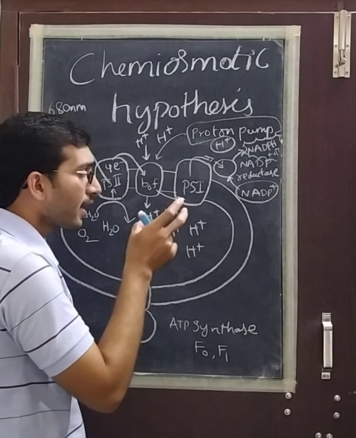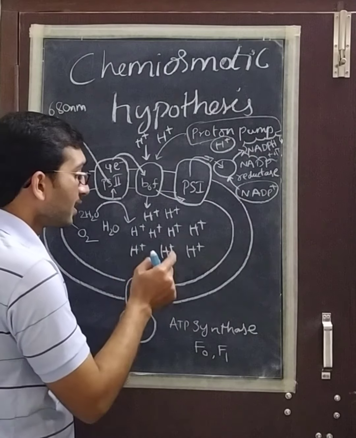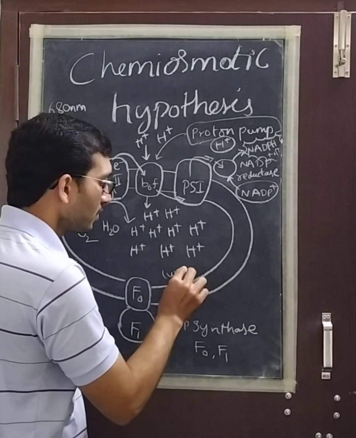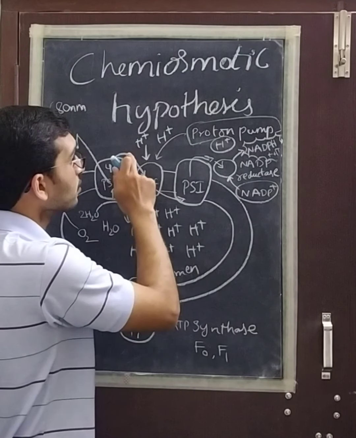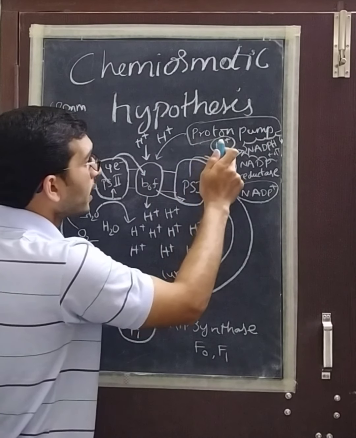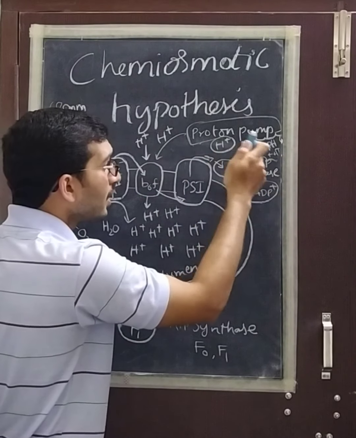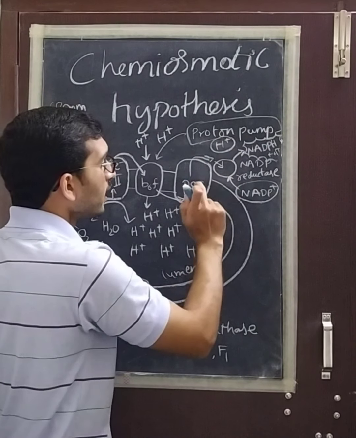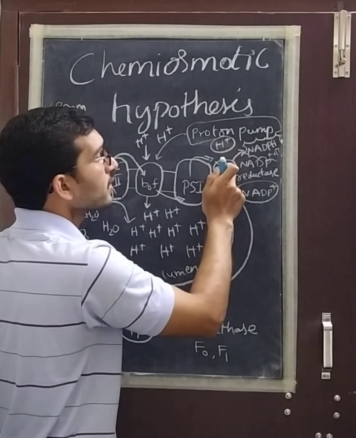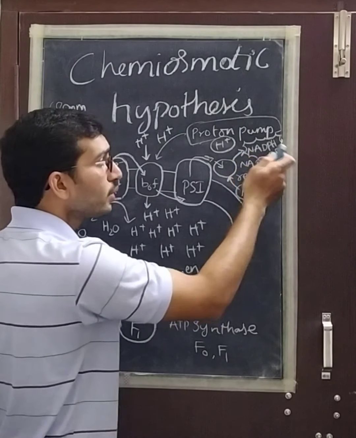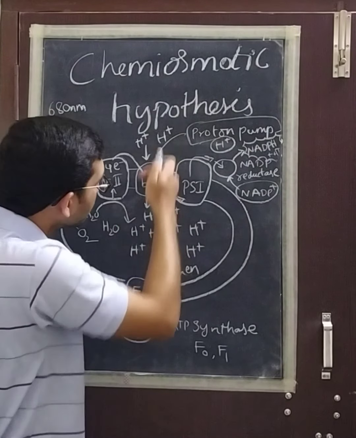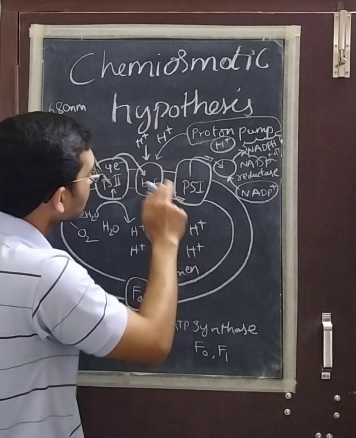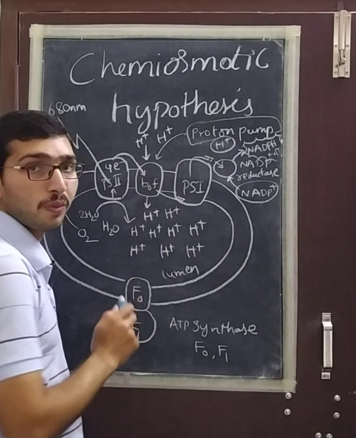So there is a high concentration of H plus inside the lumen. When it comes to the stroma, these hydrogens are being utilized, that means electrons have reduced the H plus ions and they have been converted into NADPH, and the proton pump, that is cytochrome, is bringing the H plus ion when it has made the electrons pass through.